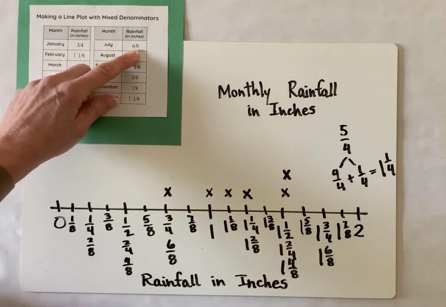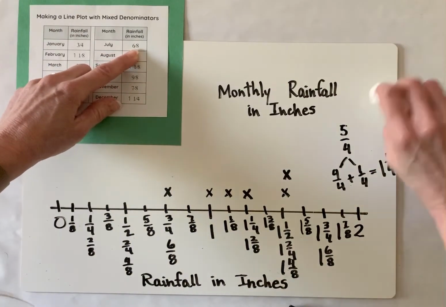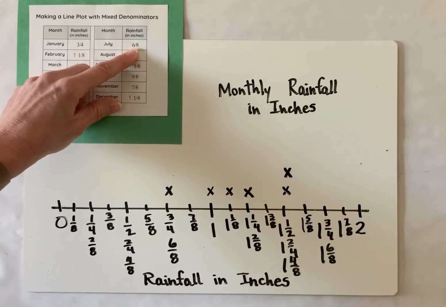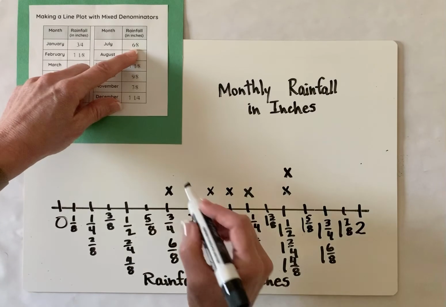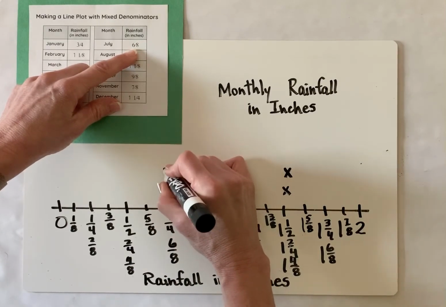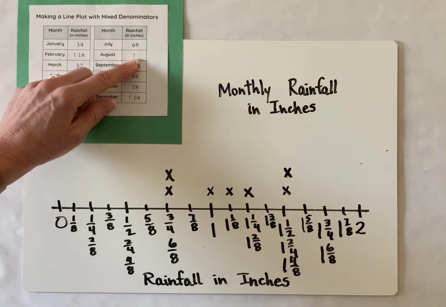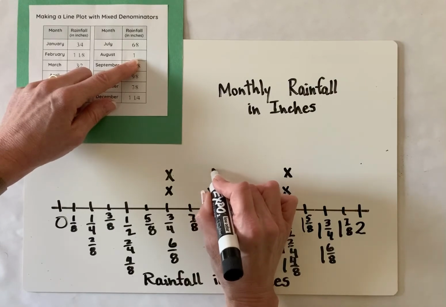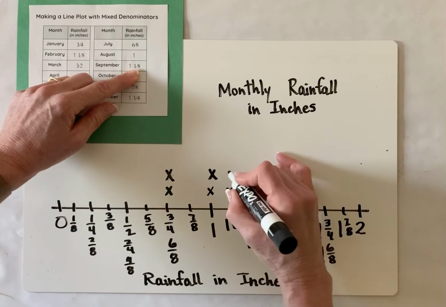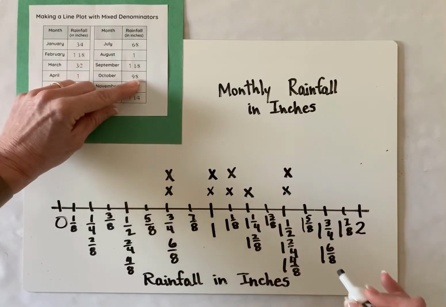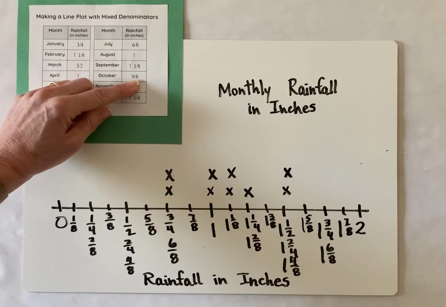All right, 6/8. 6/8 is on my number line. It's right here. So 6/8 is equivalent to 3/4. Another 1 whole inch in August. 1 1/8 inches in September. October had 9/8 of an inch.